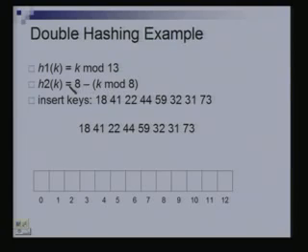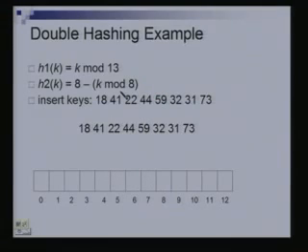So it will always be a number between 1 and... no, it cannot be 0 because k mod 8 lies between 0 and 7. So it is between 1 and 8. 0 does not make any sense, right? If it is 0, then we are in trouble. If h2(k) is 0 for some k, then you are continuing to look at the same place, and if that place were occupied, then you cannot insert the element at all.